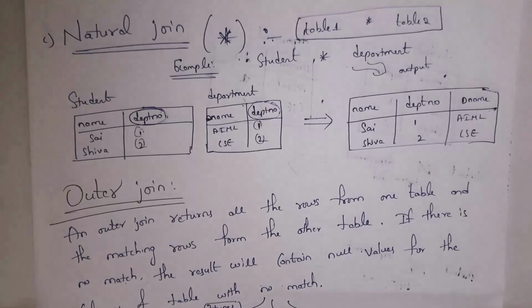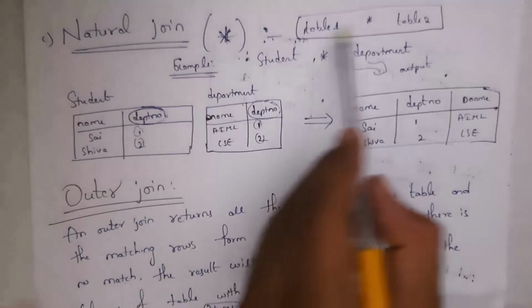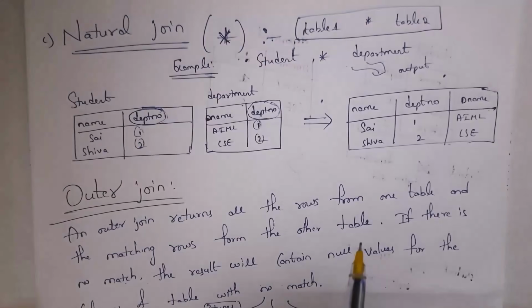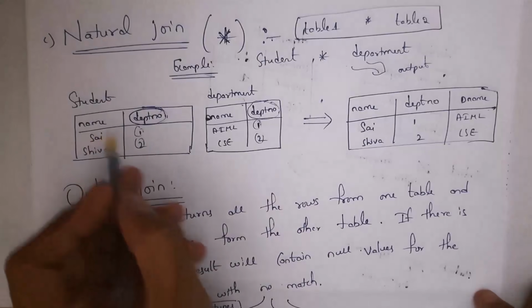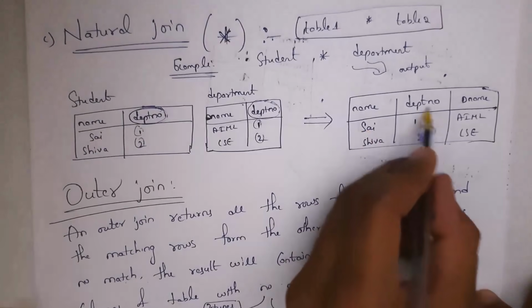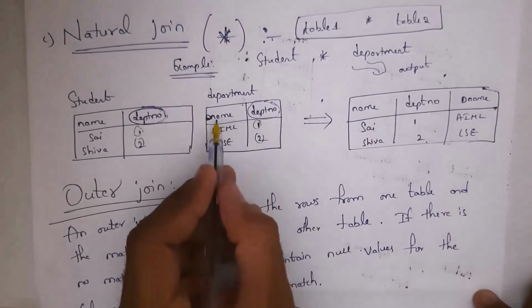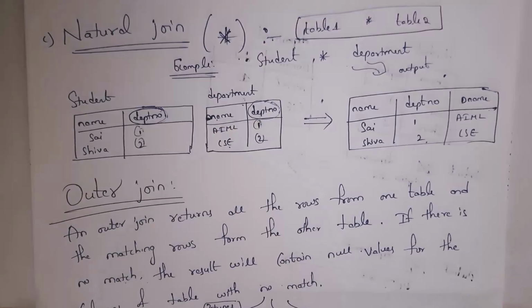Natural join will combine these 2 columns into a single column. So whenever I perform this operation, it will combine the department number column from the 2 tables into a single column. So I get output name Sai, Shiva, department number 1, 2 and department name AML and CSE. Natural join will combine 2 columns into a single column if there are common column names.